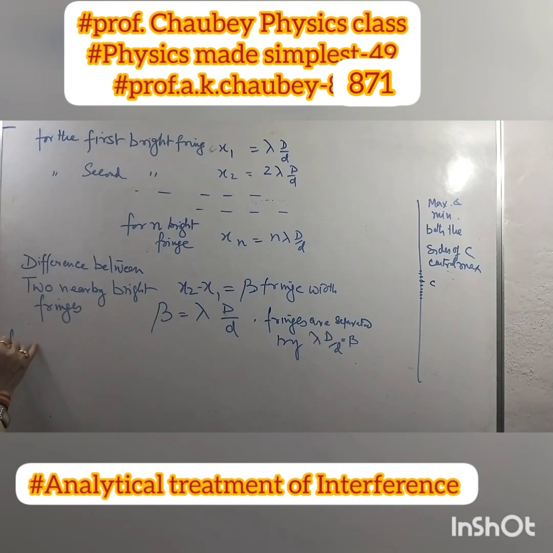For dark fringes, we write the path difference.